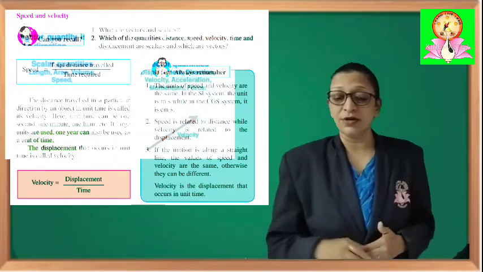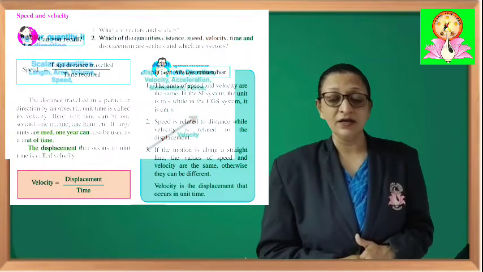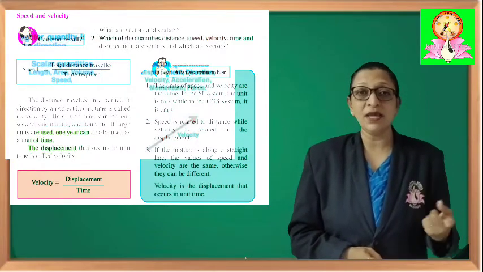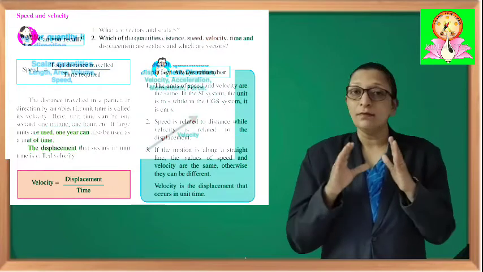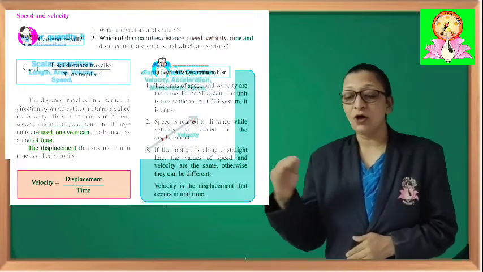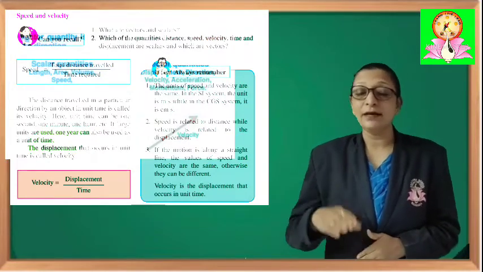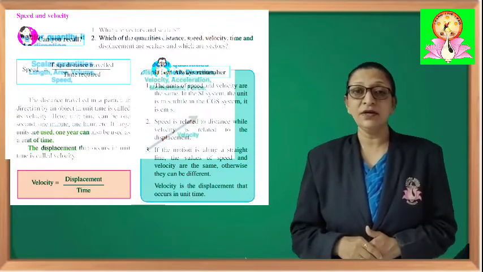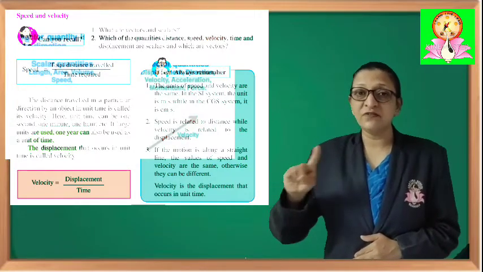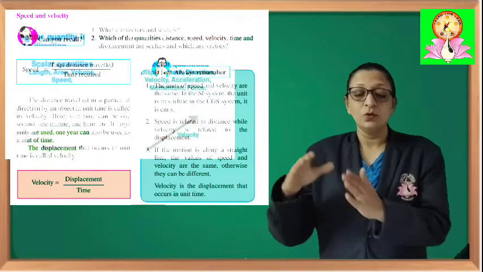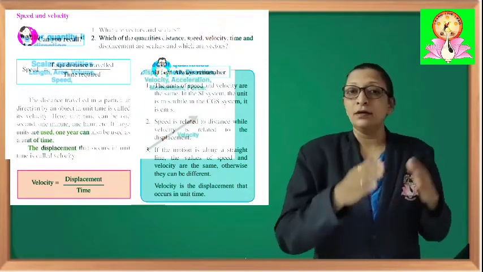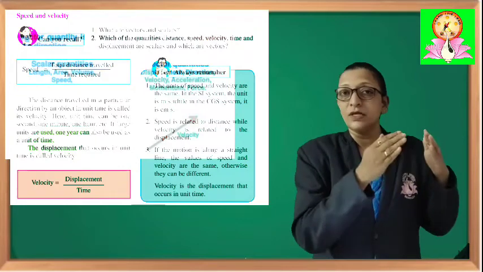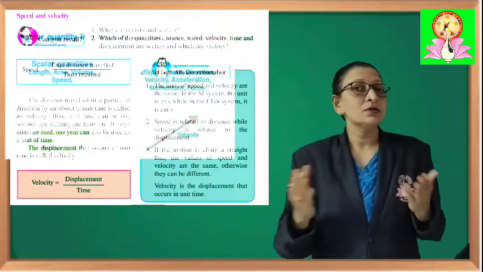Now, from the given quantities, we can easily identify that distance, speed and time have only magnitude, while velocity and displacement need magnitude as well as direction. So velocity and displacement are vector quantities and speed, distance and time are scalar quantities.